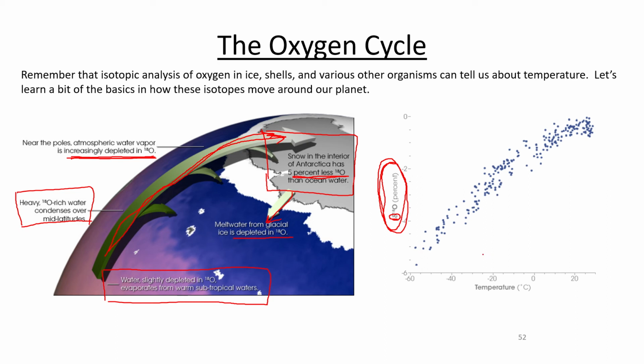You can see that if you sample up here at warm temperatures, so this is like 25, 30 degrees C, then you have pretty much the normal proportion of oxygen-18, 0% delta from the normal proportion.